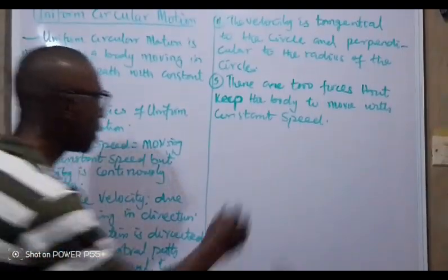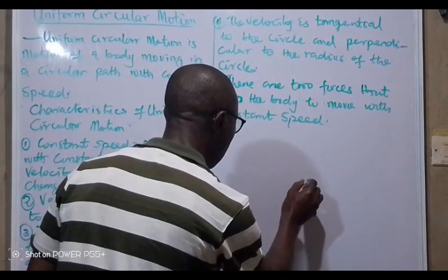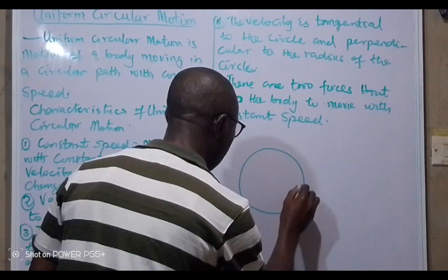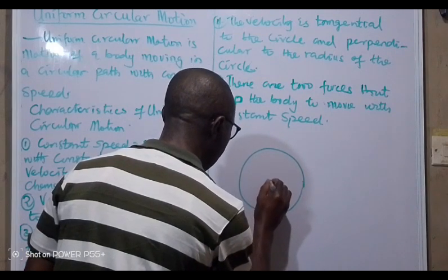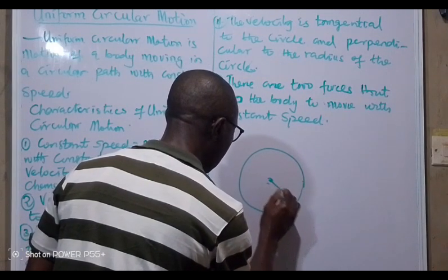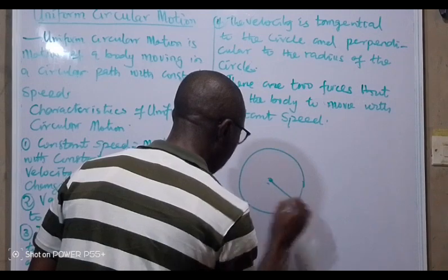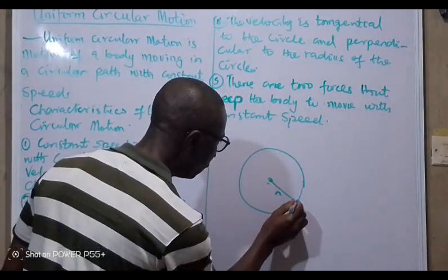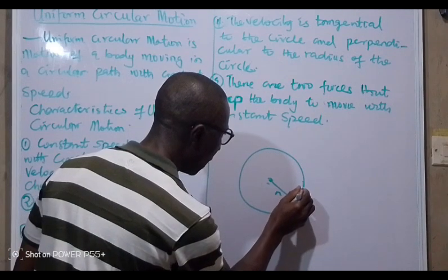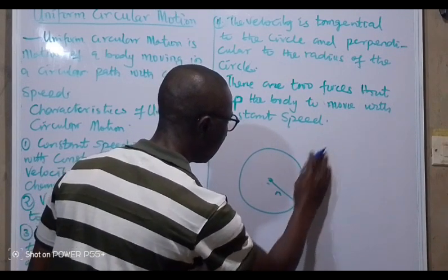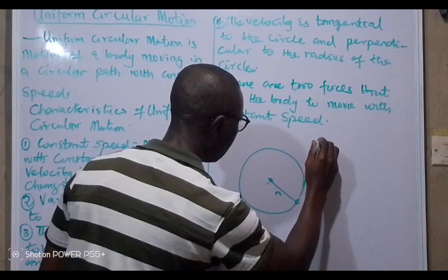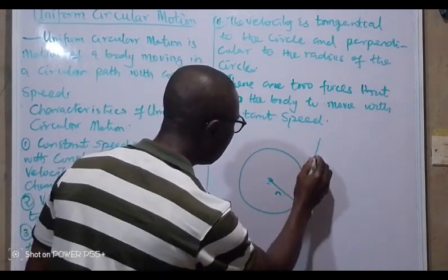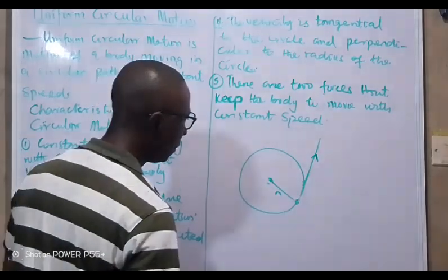That is, consider the circle below. Let's say an object is circling through this circle. This is the radius r. When it moves like this, this is the direction of the motion.